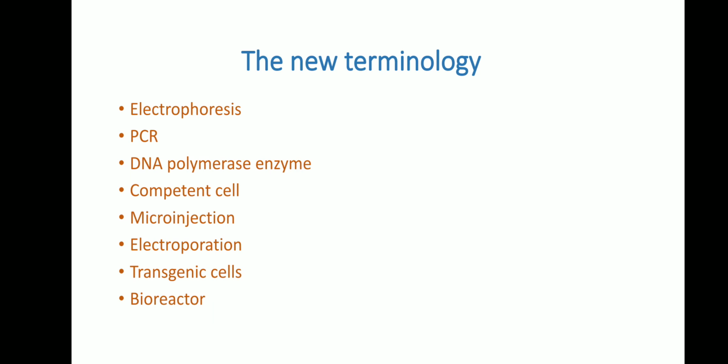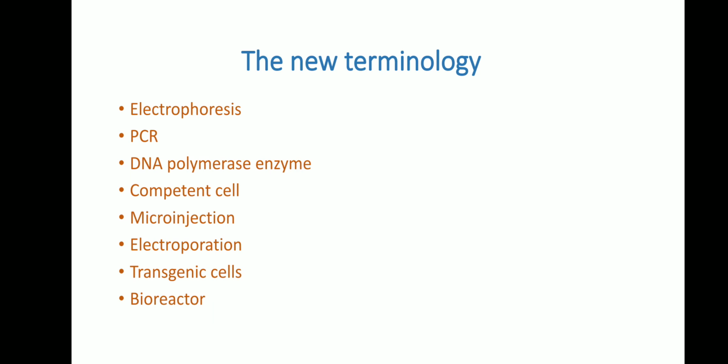With the help of electric voltage, this is also a transformation process. With the help of electric voltage, the recombinant DNA is transferred into the host cell easily. Transgenic cells are those cells that carry the new DNA or the foreign DNA. Those modified cells are called transgenic cells.